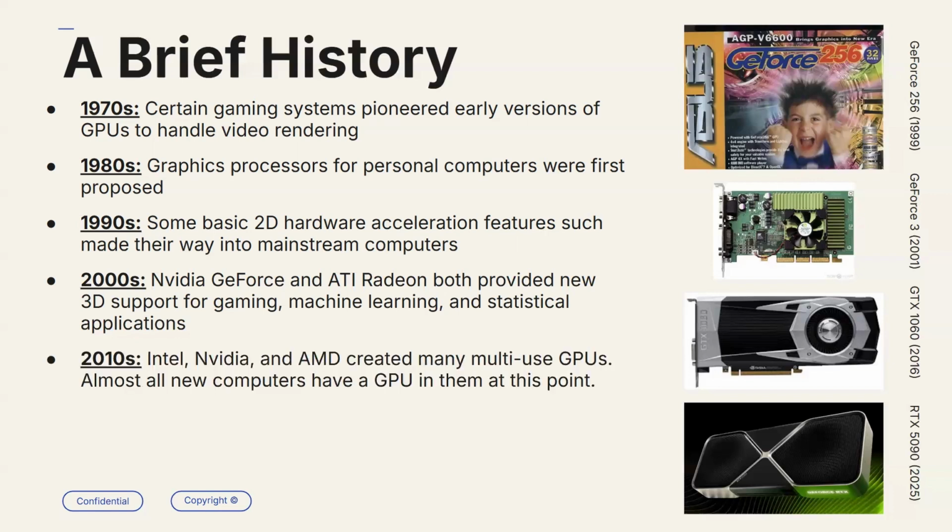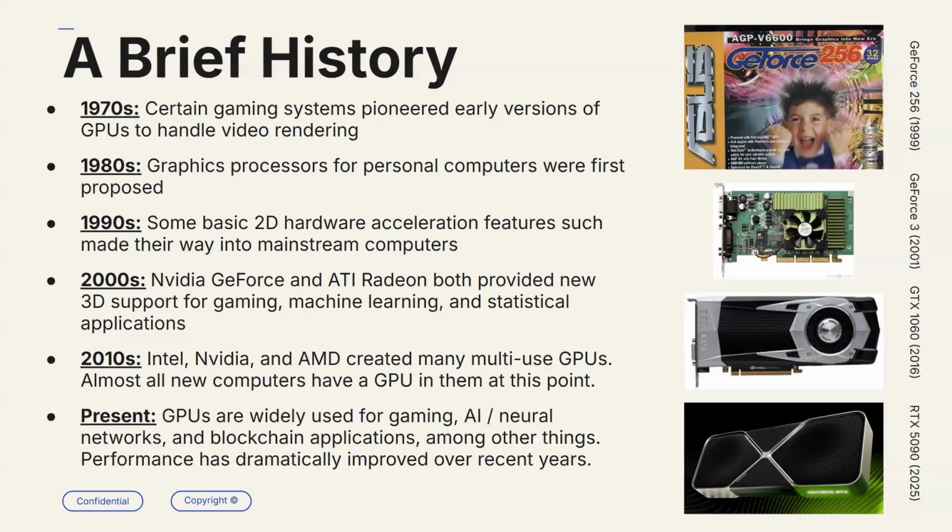Now in the 2010s, a lot more GPUs started becoming prominent, and at this point, about 90% of new computers have a GPU in them, compared to almost none of them in the 80s and 90s when they were first invented. So it's a very big revolution there.